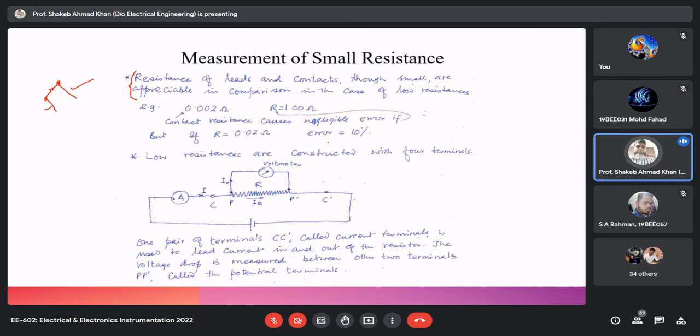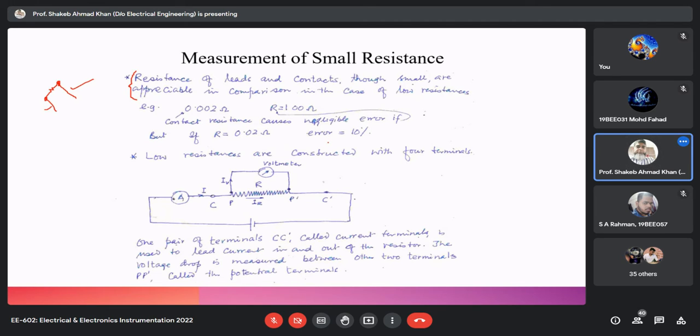Okay, so this is the main reason for the challenge in measurement of small resistance. It is lead and contact resistance. And we require a method which can tackle these sources of error.